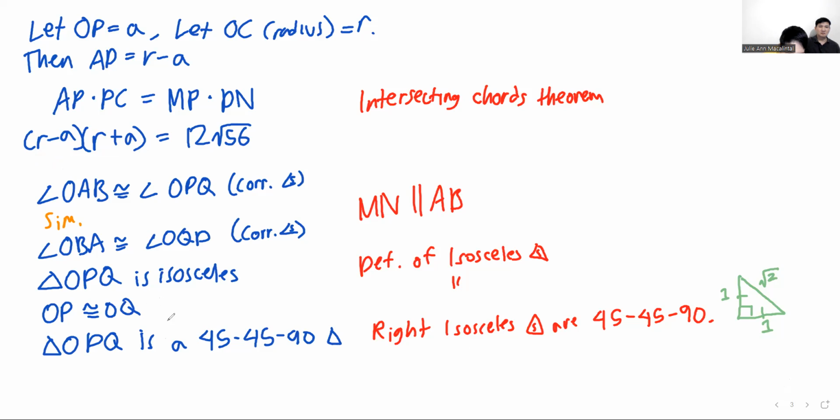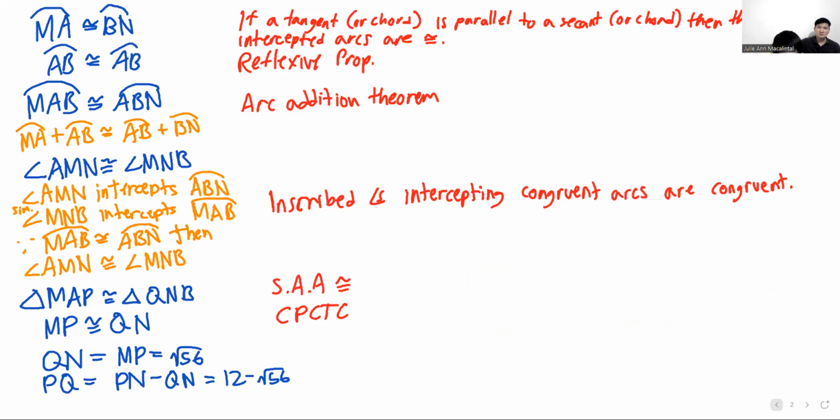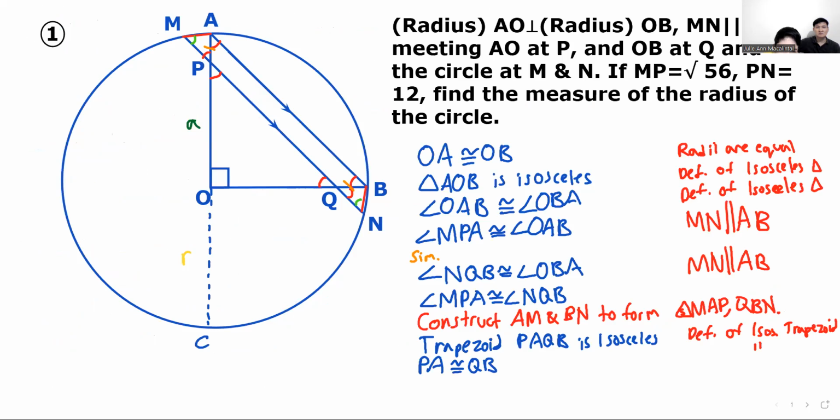OP is equal to OQ. These are the measures of OP and OQ, equal to A. PQ is the hypotenuse of the 45-45-90 triangle OPQ.